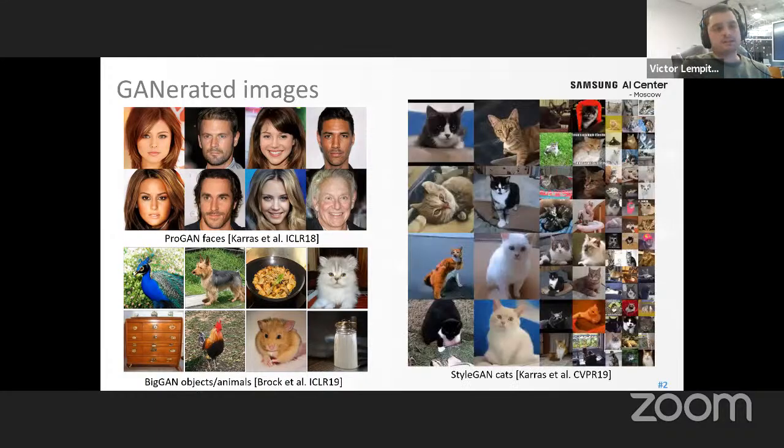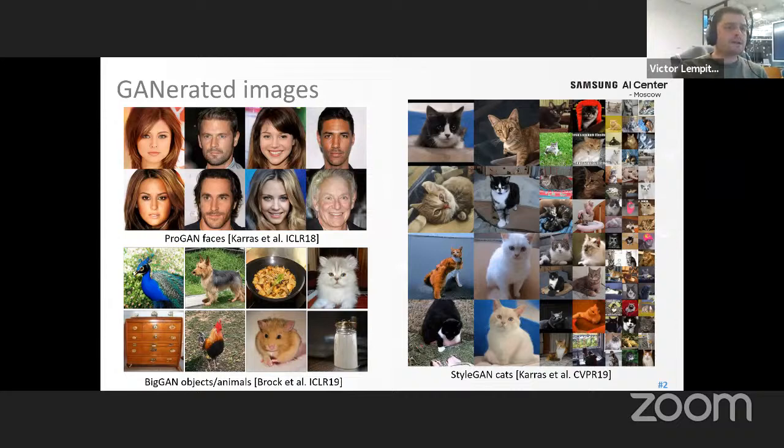StyleGAN is the most well-known type of these models, and it can even synthesize, to some extent, cats, which is the holy grail in generative modeling for images, I would say. These models are fascinating on their own, and they have applications in image editing, computer graphics, special effects, etc. My talk today will be about several extensions of the StyleGAN model and one alternative to it.